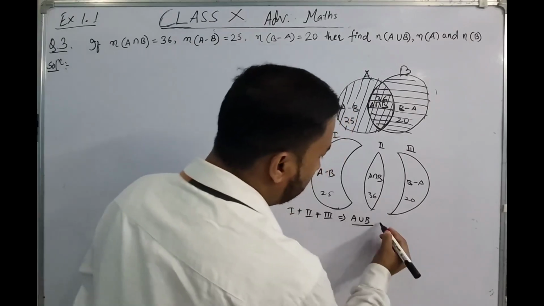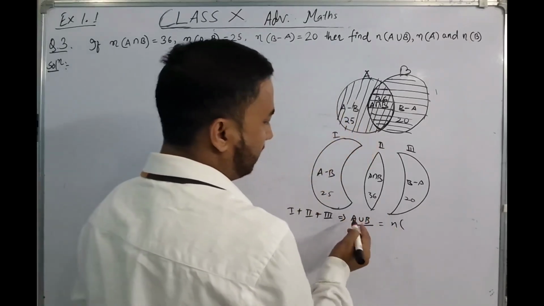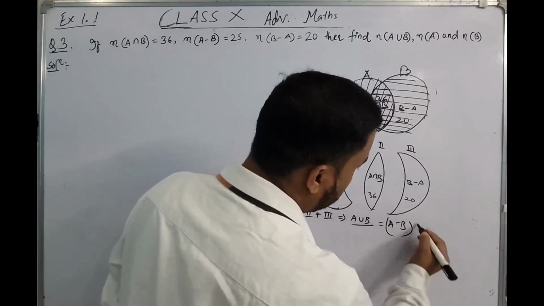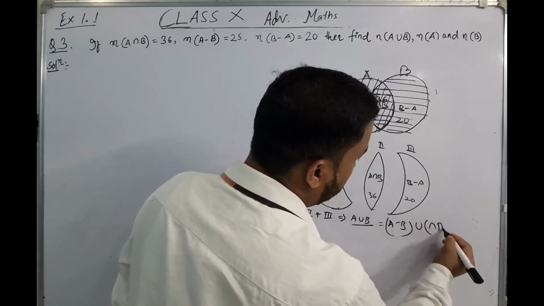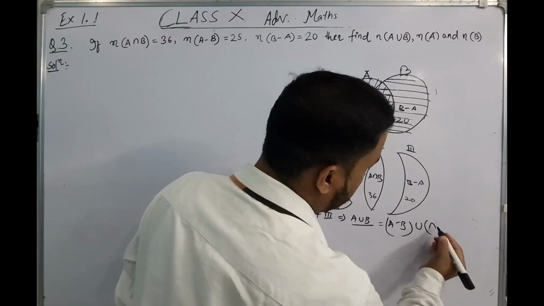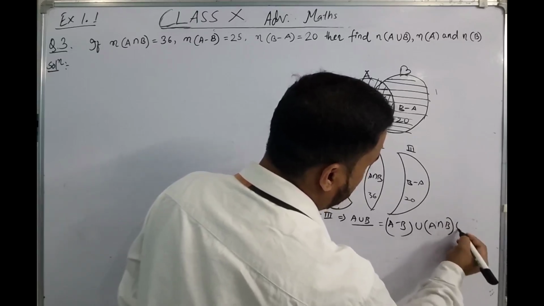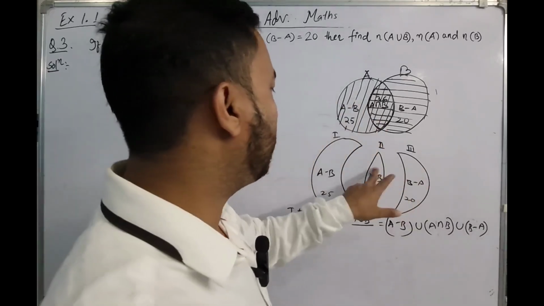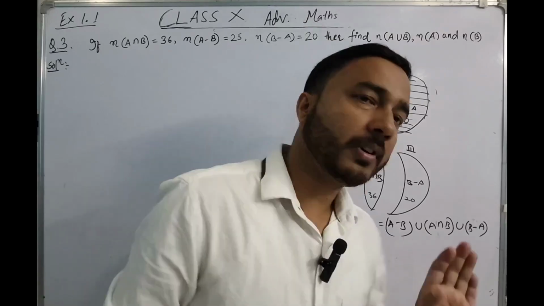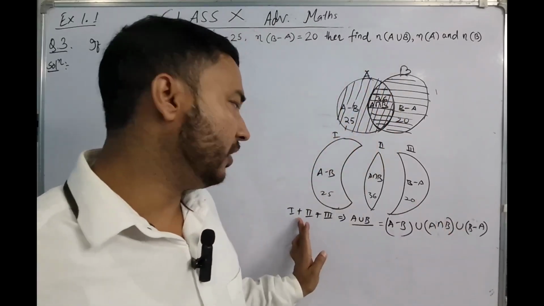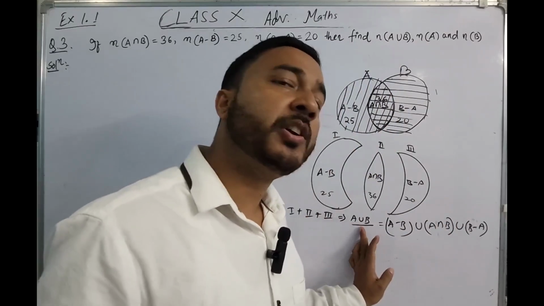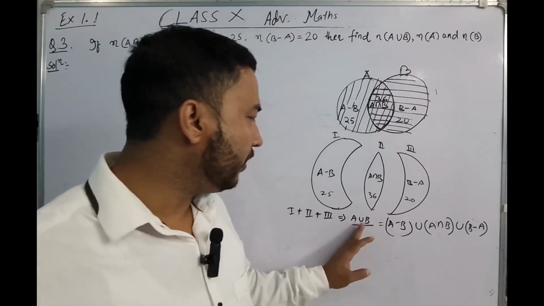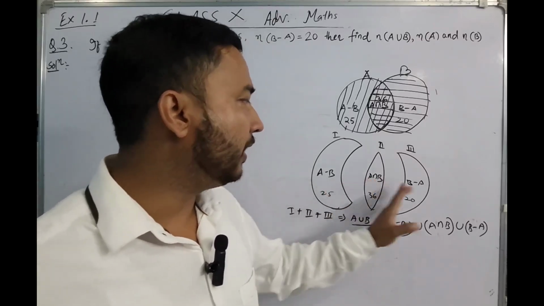So A union B will be equal to A difference B union A intersection B union B difference A. In case of sets, instead of addition, we actually find the union. Union represents addition, because all the elements of A union B will be from these 3 parts only.